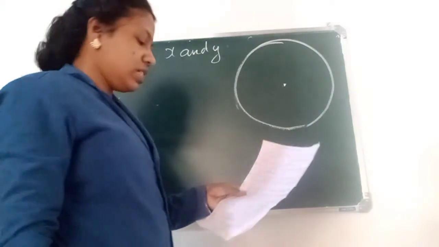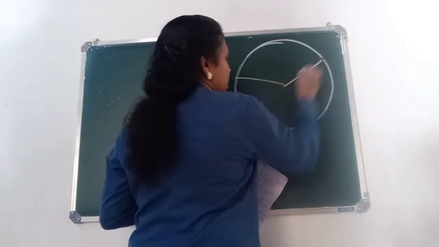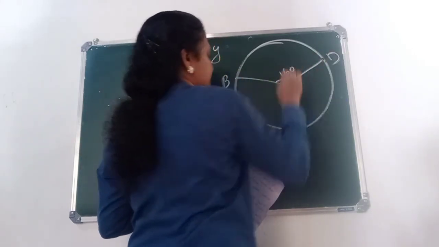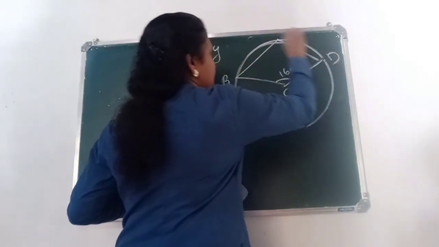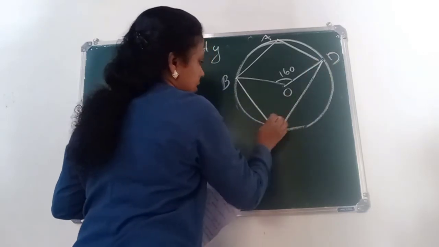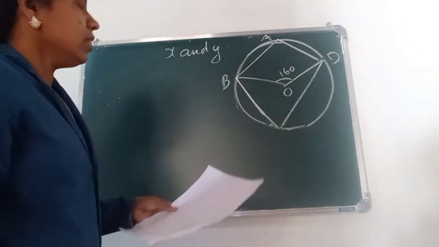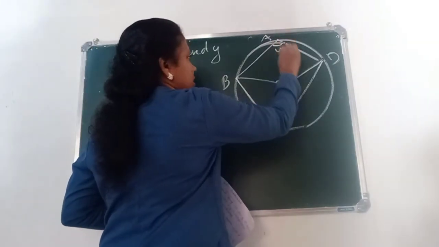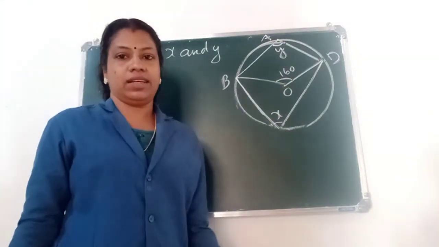In the figure, O is the center of the circle and angle BOD equals 160 degrees. This is A, this is C, and this is X and Y. Find X and Y.